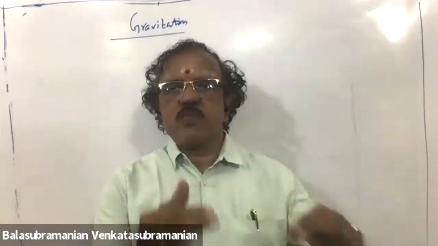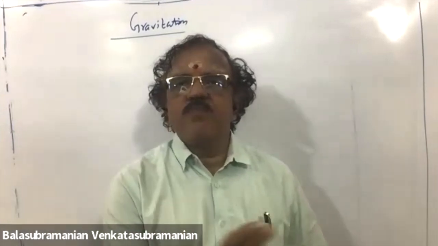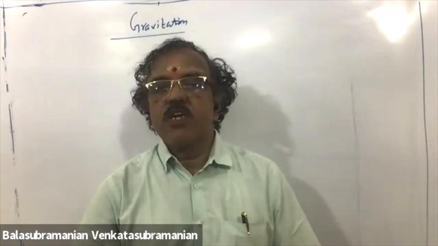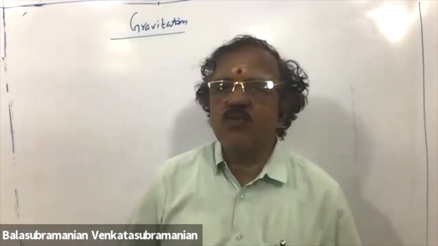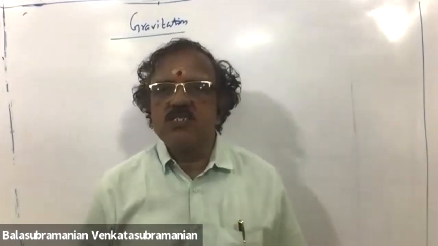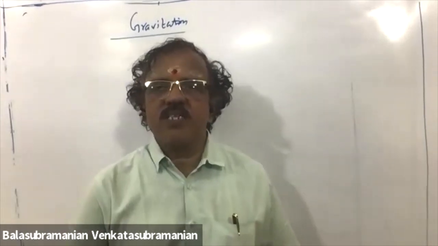Earth is not a perfect sphere, it is slightly elliptical in shape. So, due to shape of the earth, that is latitude, the value of the acceleration due to gravity changes. Minor change only, but there is a change.